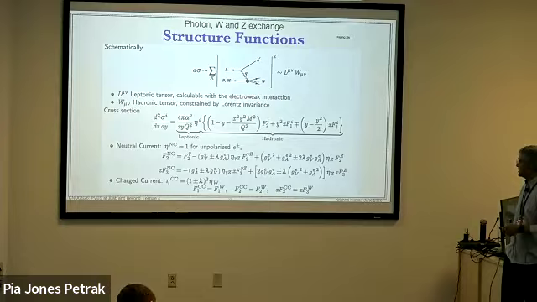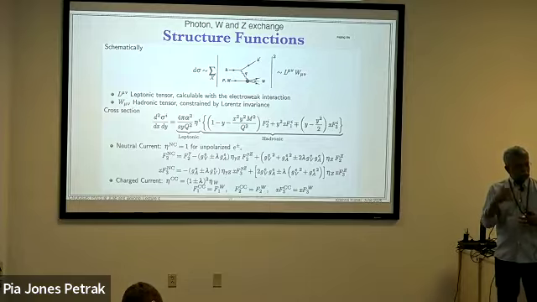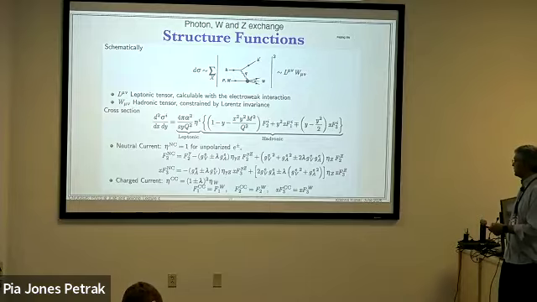So these eta gamma Z and eta Z are the kinematic factors that come in when you do interference. This piece is the interference, and this is pure Z exchange.